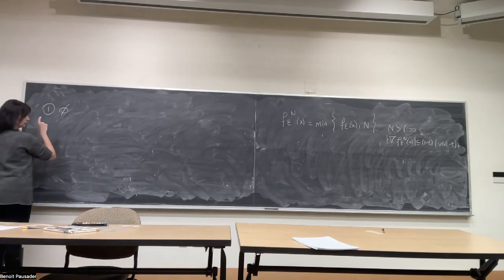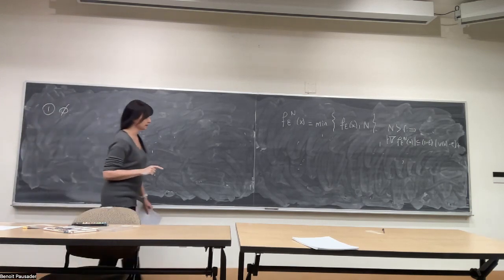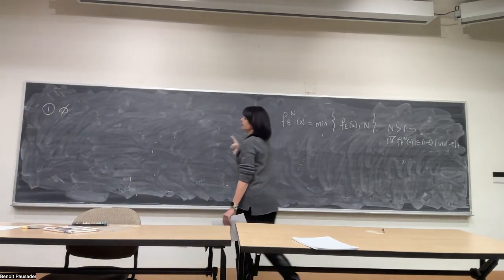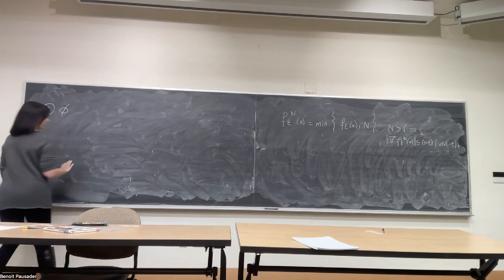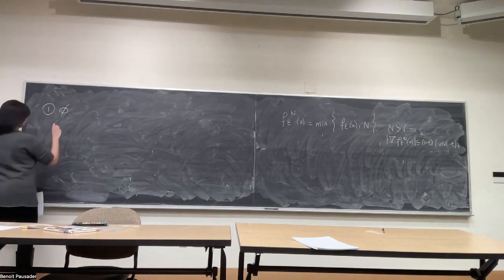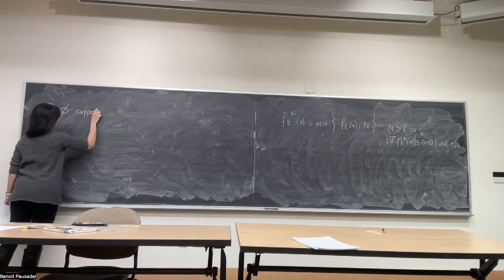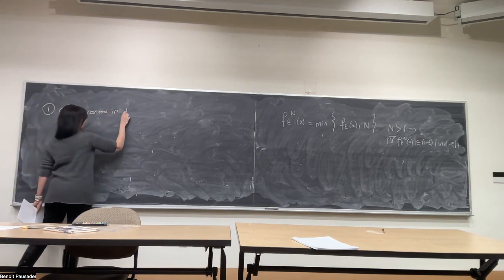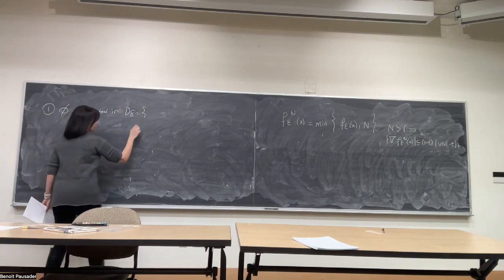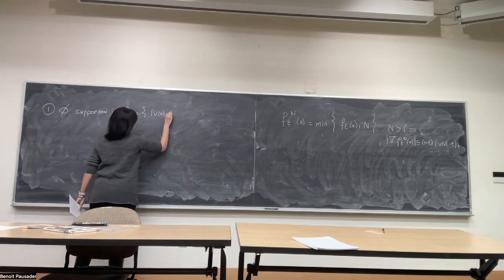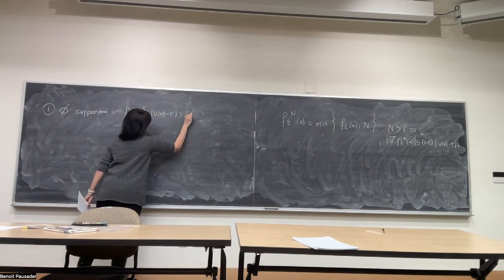So, okay, we were proving, right? This is what I'm going to show. I will take phi, which is going to be supported in the domain such that x minus E will be greater than delta.